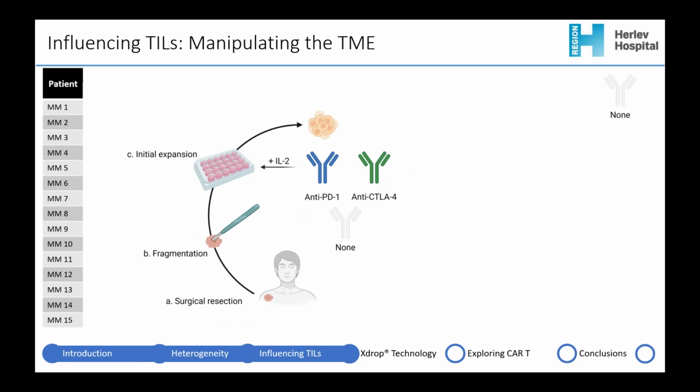We collected material from 15 melanoma patients that were already undergoing surgery to have TIL therapy. One piece of the fragment was taken to the clean room to make their TILs for treatment, and another fragment was taken to the laboratory where we were able to do these experiments.